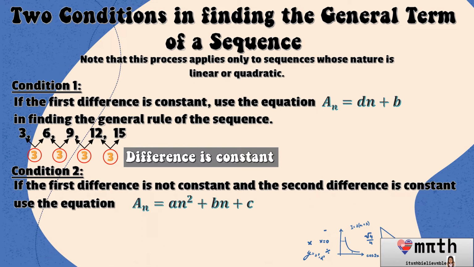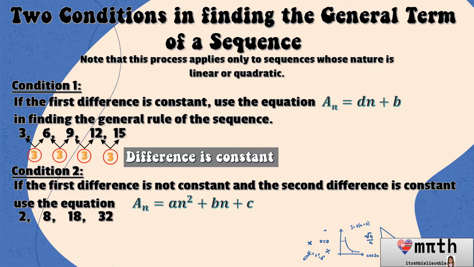Condition number 2. If the first difference is not constant and the second difference is constant, use the equation a sub n is equal to a times n squared plus b times n plus c.